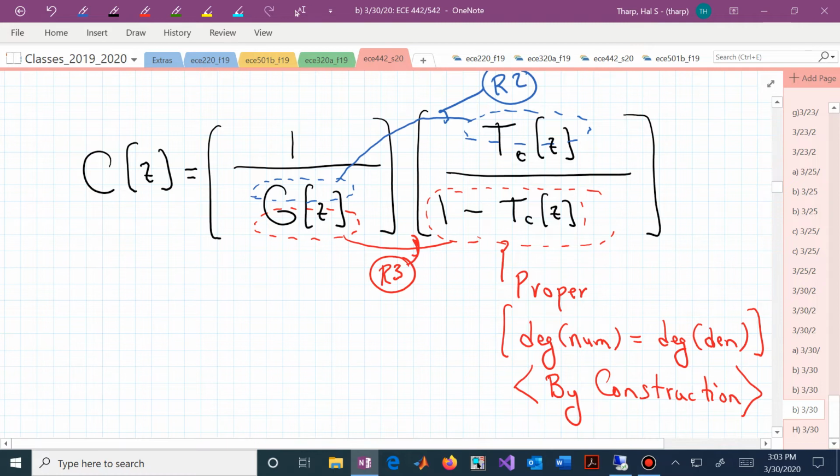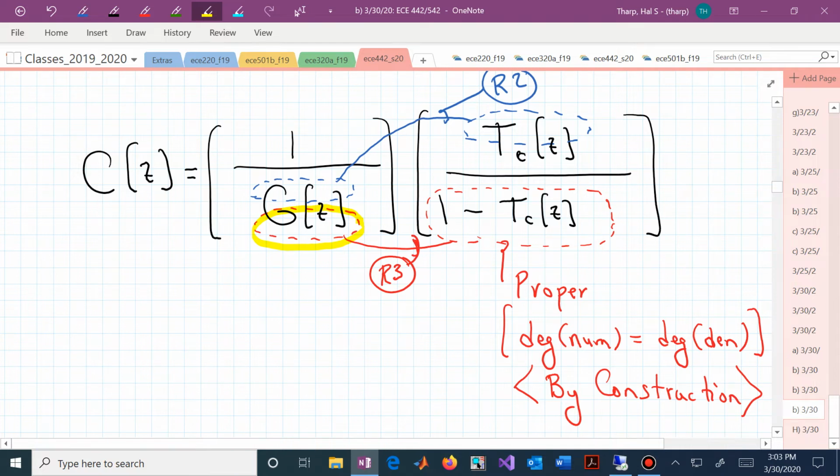We want this particular expression, this 1 minus t sub c of z, to have a 0 in the locations that are associated with unstable pole factors in our original plant G of z.